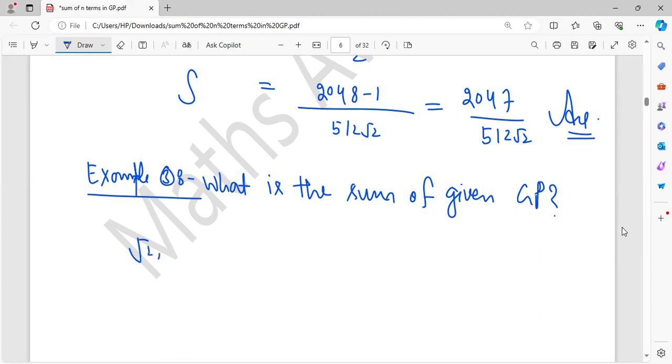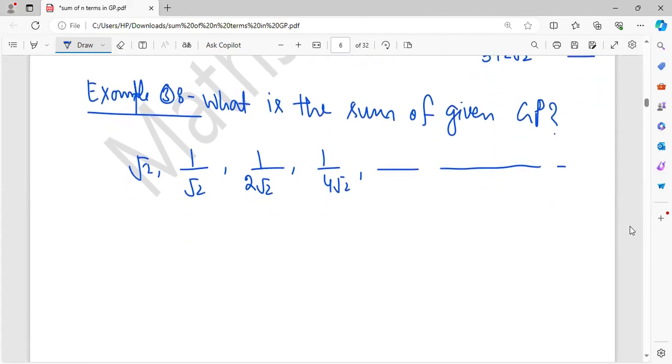Under root 2, 1 upon under root 2, 1 upon 2 under root 2. Now the same series is given, but this is not finite. This is an infinite series. How to find the sum of this series?